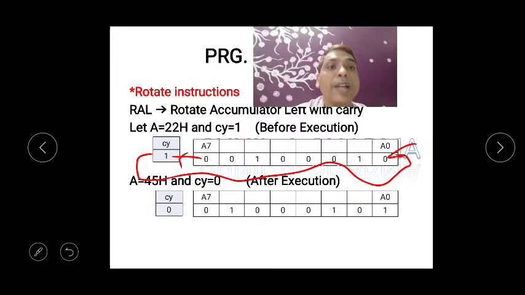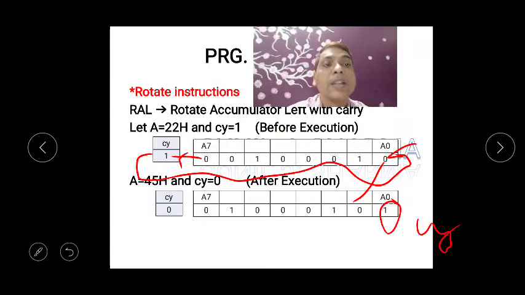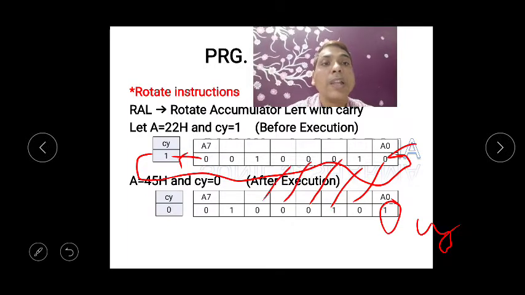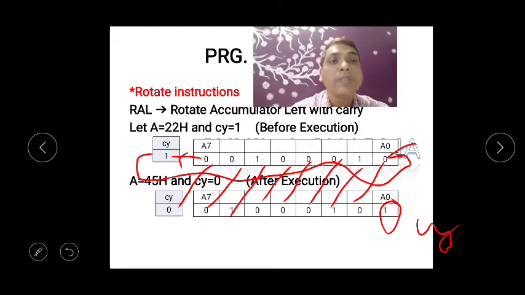Once you have given this value here, this value will come here. Every bit will be shifted towards left by 1 position and this value is going to be carry. So A7 will be given to the carry.